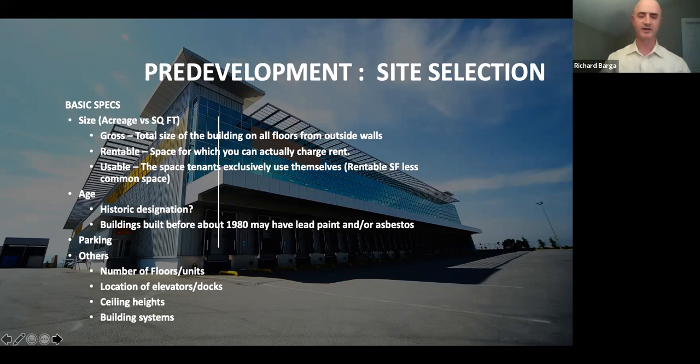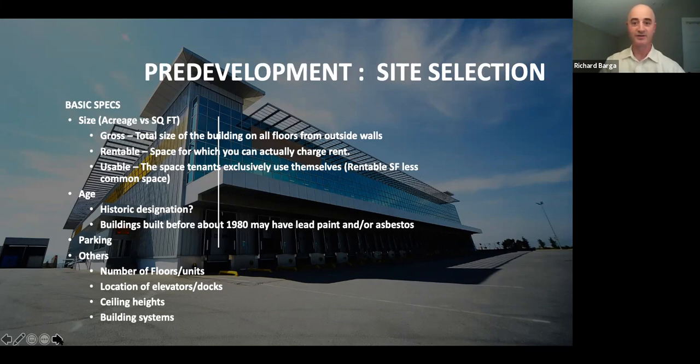And then other general things about a building: how many floors and how many units are in a building will help you calculate later on, using dollar signs for rent, how much you can charge and how much you can make in a month on your rent roll.